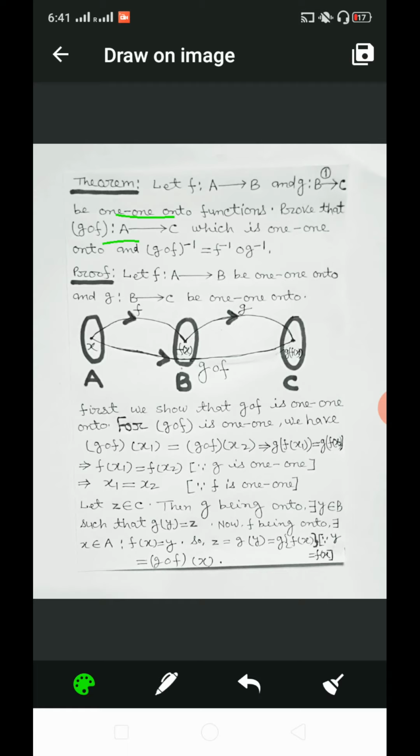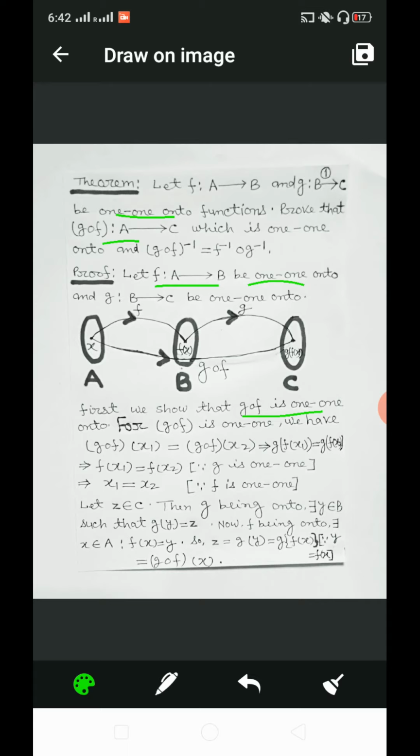We start the proof. Let function f from A to B be one-one onto and function g from B to C be one-one onto also. First we show that g of f is one-one.